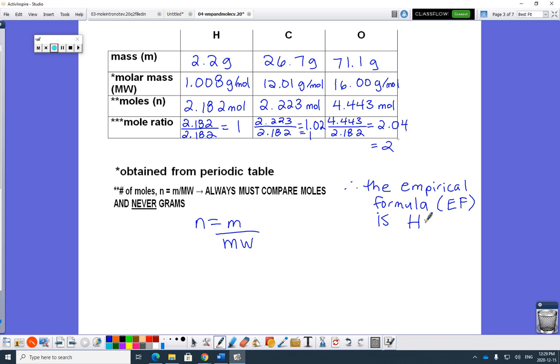How many hydrogens? I'm going to write 1 just to emphasize. How many carbons? 1. How many oxygens? 2. By default, this should be the most reduced, so just give it a check. Can you divide those numbers by the same thing? No, it's the most reduced.